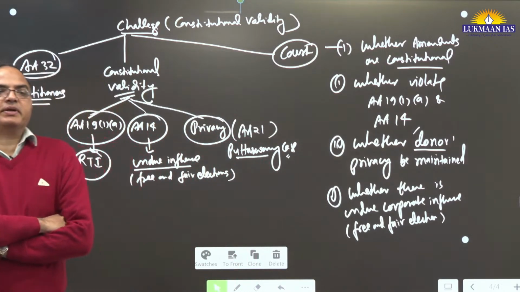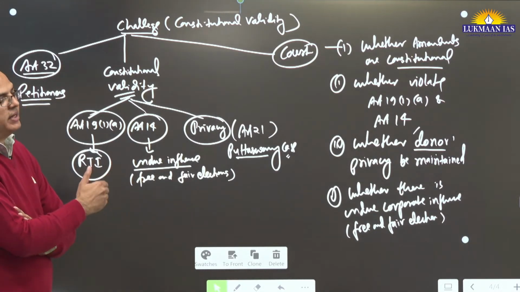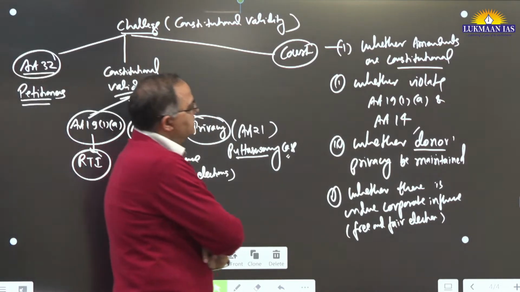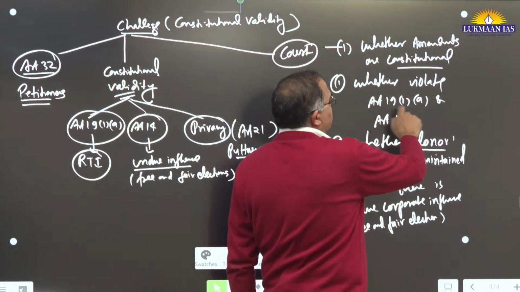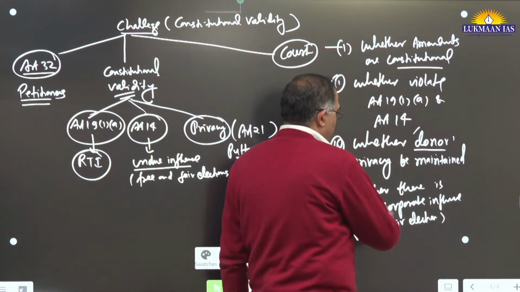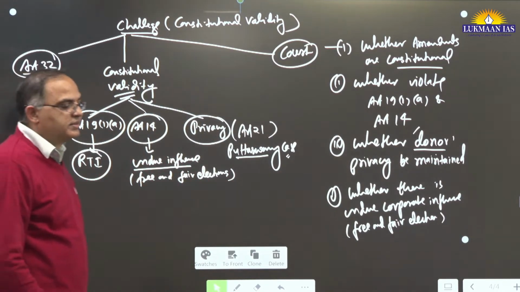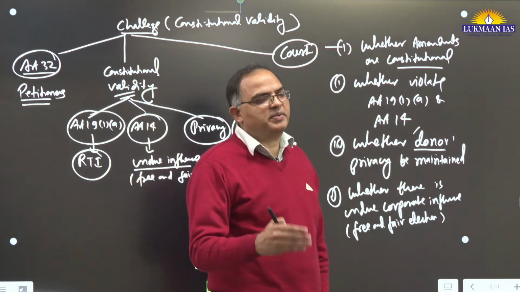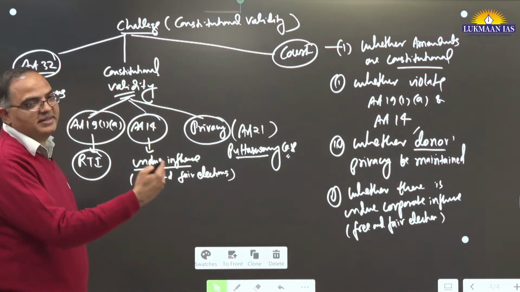They go more into the legality aspect, and their main concerns are related to this. So whether the amendments are constitutional. If they are arbitrary with respect to the provisions of the constitution, they will be declared unconstitutional. In those details, they examine whether the amendments violate 19(1)(a), whether they violate Article 14, then the privacy matter, and finally the corporate aspect, Section 182, and whether it affects free and fair elections, which are considered the foundation of democracy. They will try to link these, and on that basis they have tried to pass their judgment.